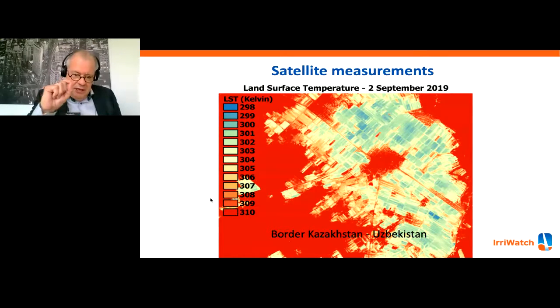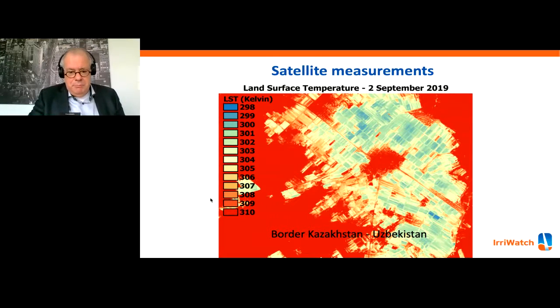All the fields that are very dark blue are very wet. They just had water. So we can really see how much moisture is there and which fields are using how much water. This image is from the 2nd of September, but we have these images every day. So we can also look at the next day and the next day. We can really start monitoring what is happening with irrigated fields and see whether they have a high or low water productivity.